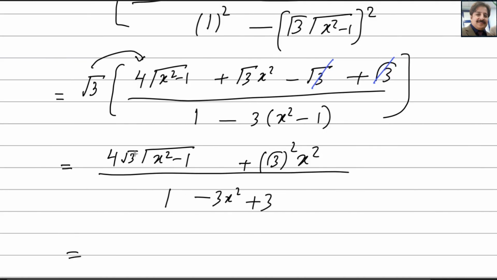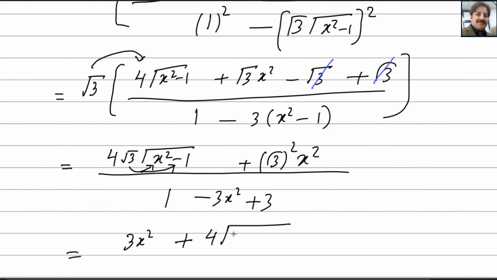We can multiply because these two values are under the square root, so you can multiply this value with the other value, and write this value first as the requirement of the question. So this will be cancelled out. We can write 3x square plus 4, and you can multiply 3 inside the square root.